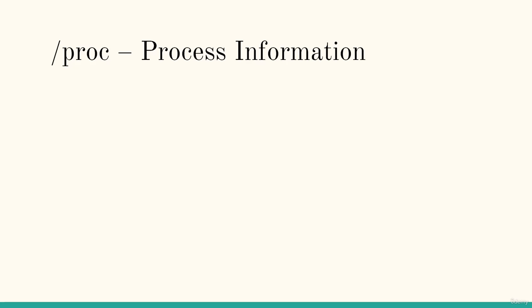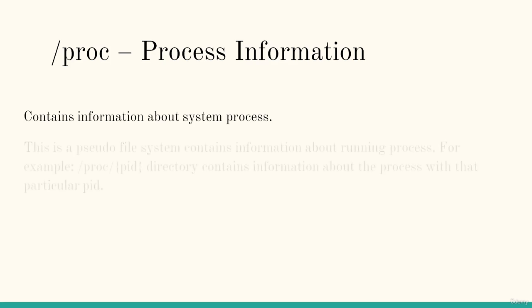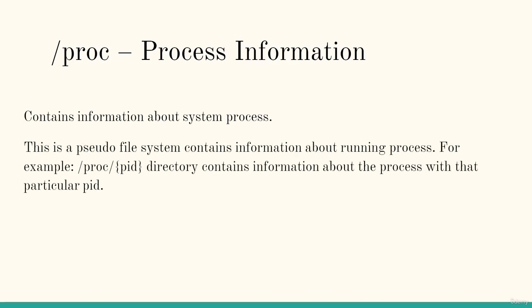Now the proc, or the process information. This contains information about system processes. This is a pseudo file system that contains information about running processes. For example, /proc/PID, the process identifier directory, contains information about the process with that particular PID. So for example, you are running a specific service or process with a PID.